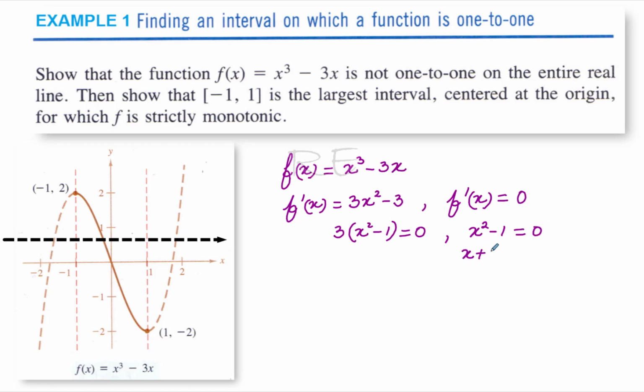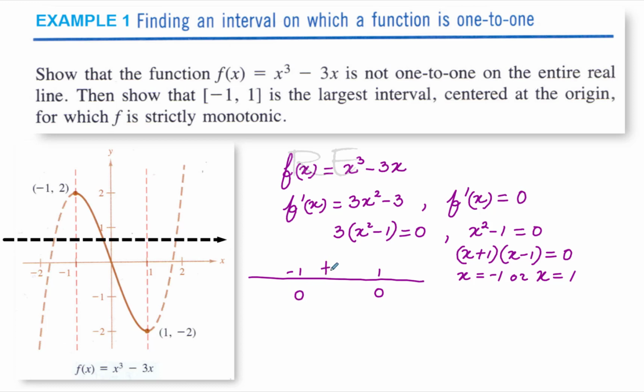We need to find the zeros of the derivative in order to show that the function is either increasing or decreasing within the entire interval, therefore monotonic. Now the zeros are -1 and 1.